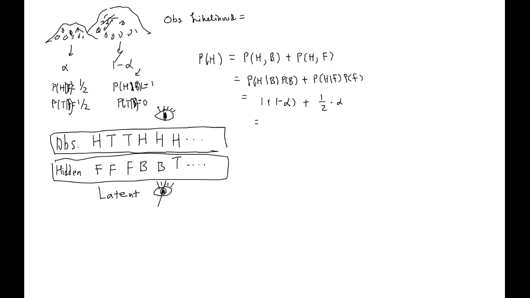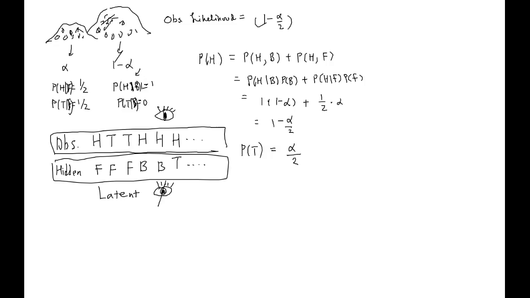So it will be 1 minus alpha plus alpha over 2, which is 1 minus alpha over 2. And the probability of a tail, of course, would be alpha over 2, that's the complement.